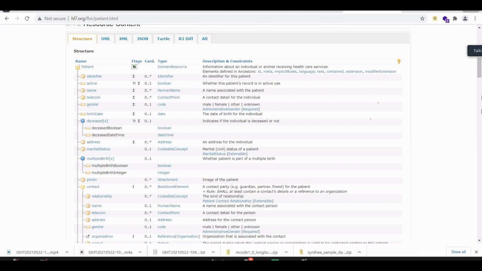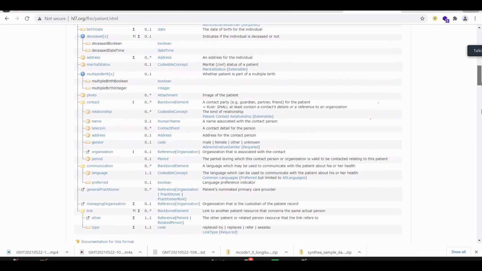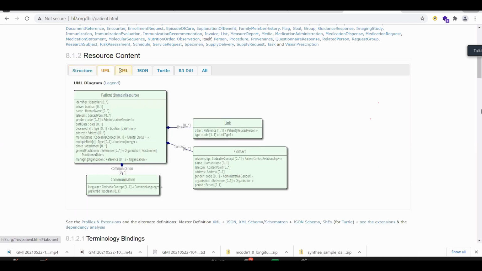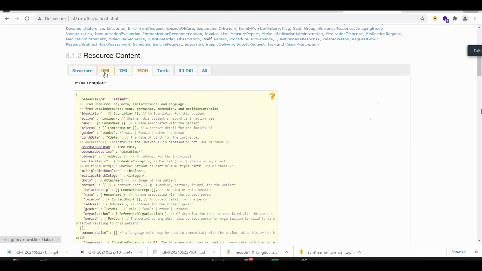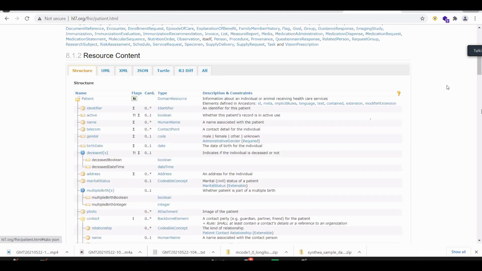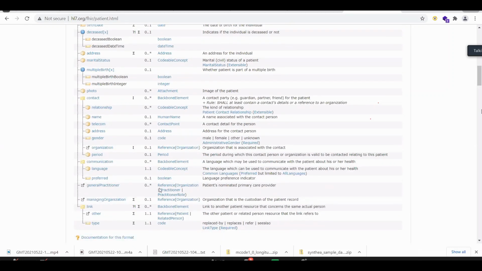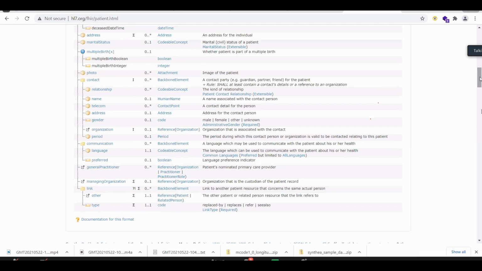Okay, so after this description of the attributes that can be in the patient, you can look at the XML, UML, and all the different things. The other thing you need to know is the concept of references, which is again a very important concept in FHIR.